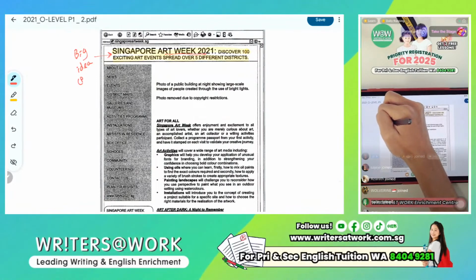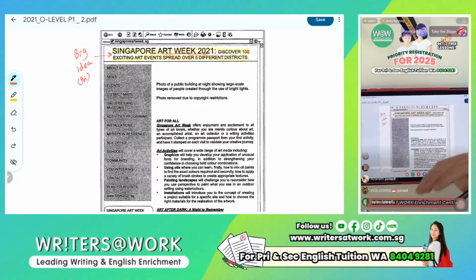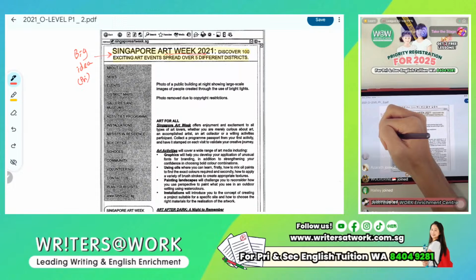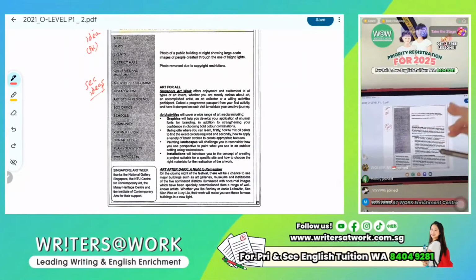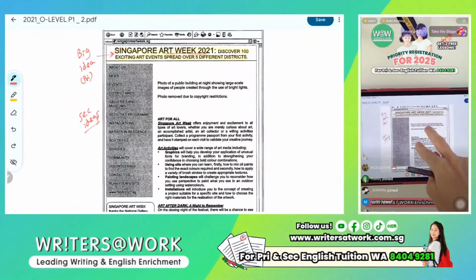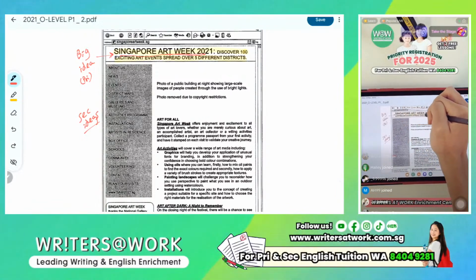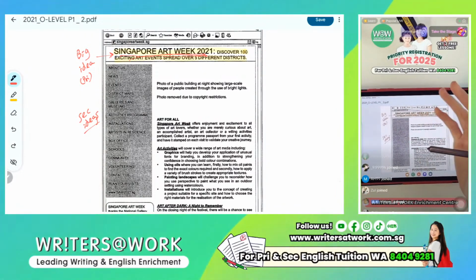Next, when we have this big idea here, or your primary idea, there are secondary ideas that will also be relevant, right? So these secondary ideas are linked to your big ideas. And that's the things that you need to look out for when we go down. So the big idea is there is some art exhibition. It's going to be quite a large scale one given the word 100 here. So what is the art exhibition about?